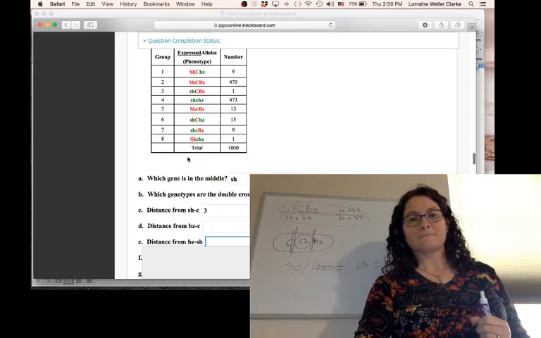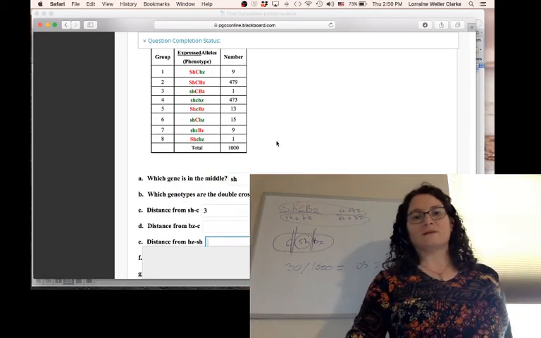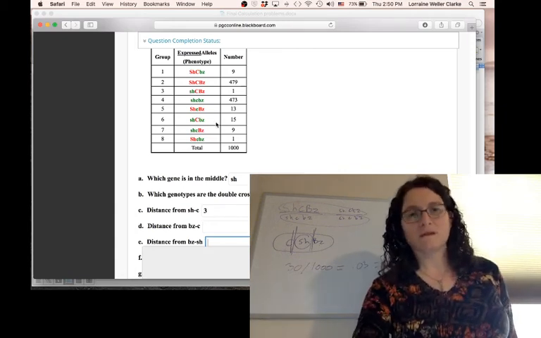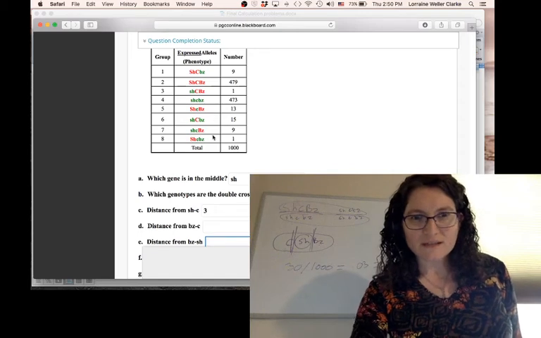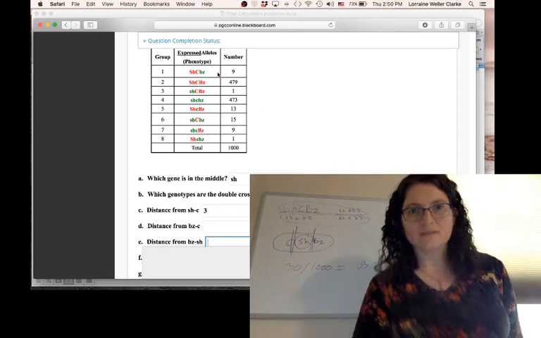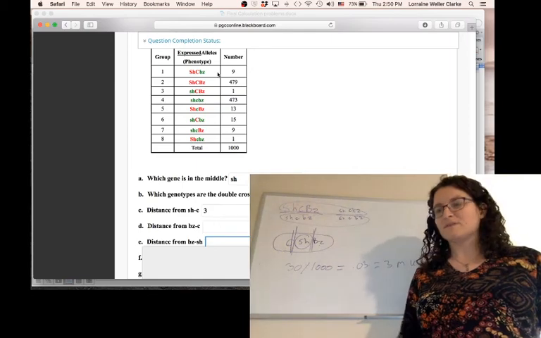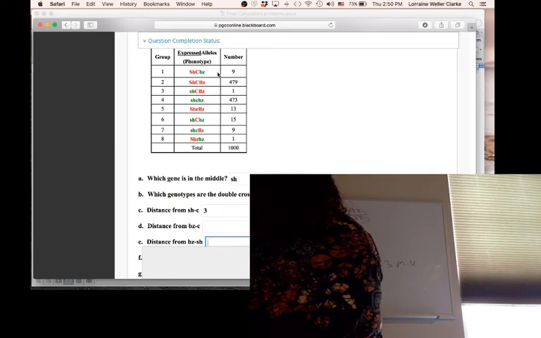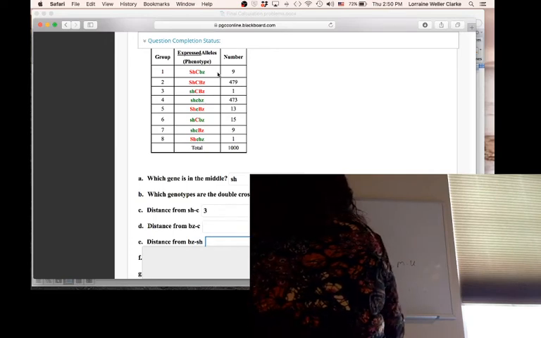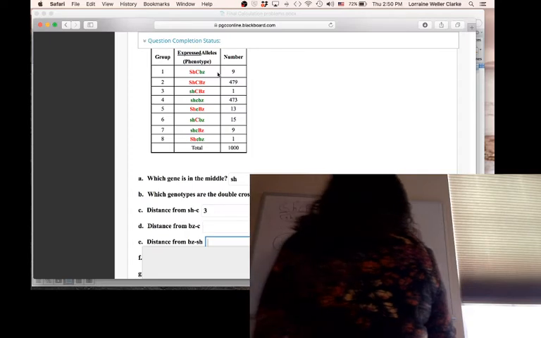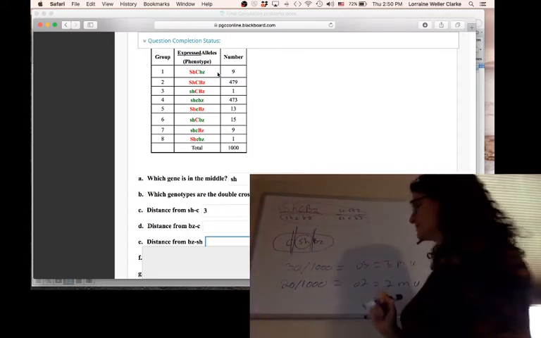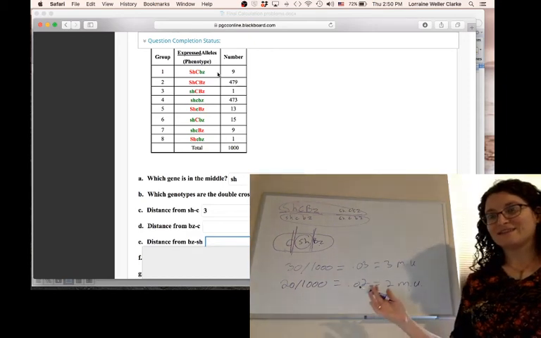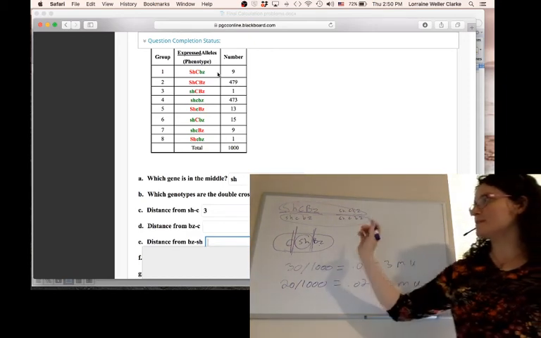Remember, SH is in the middle. So the one where BZ has moved and nothing else has, that's the one. BZ has moved in 7 and 1. Those are both 9, that's 18, 20. Next, add those together to get your full distance from BZ to C.